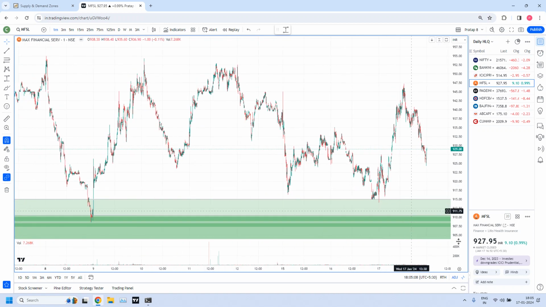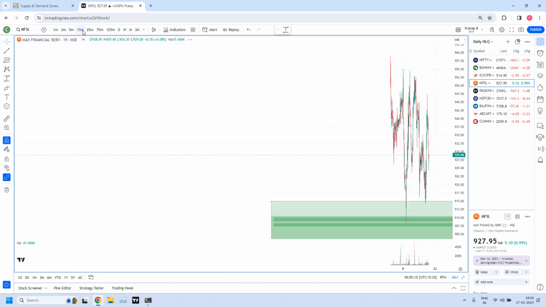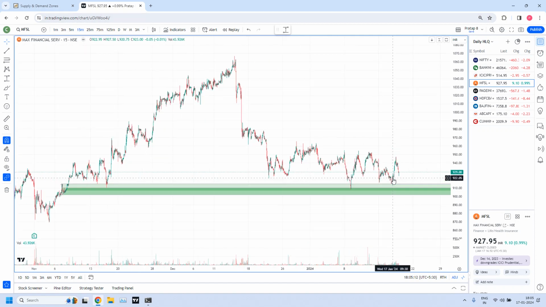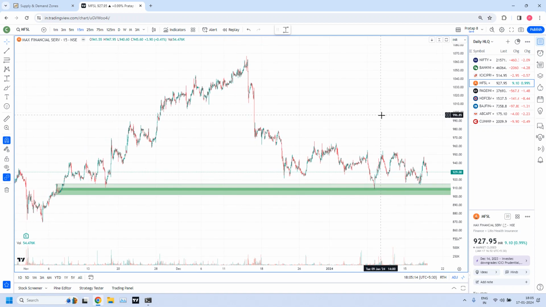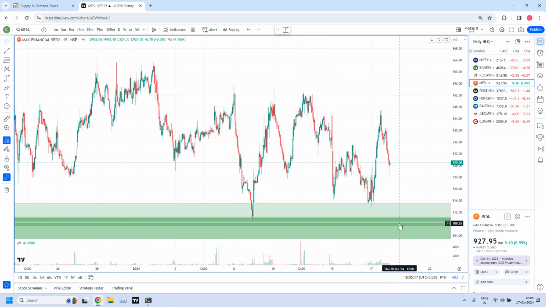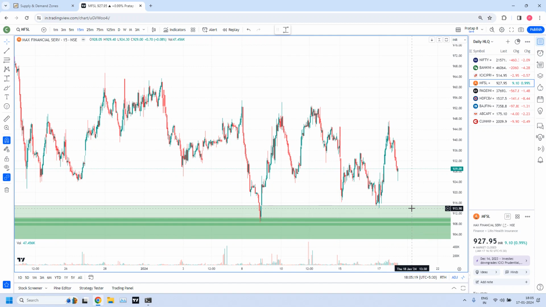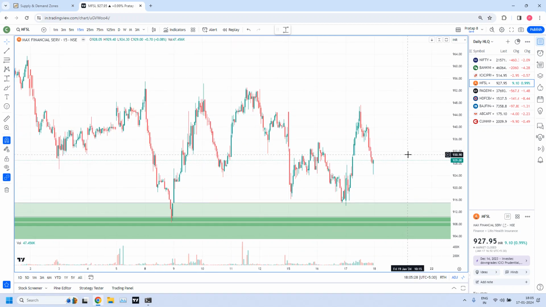I'm showing you this, but otherwise, I haven't planned any trade in MFSL. Even next time when prices reach, I don't plan any trade here. Just monitoring, with curiosity. Maybe any learning will be there from this stock. I'm trying to observe that way.